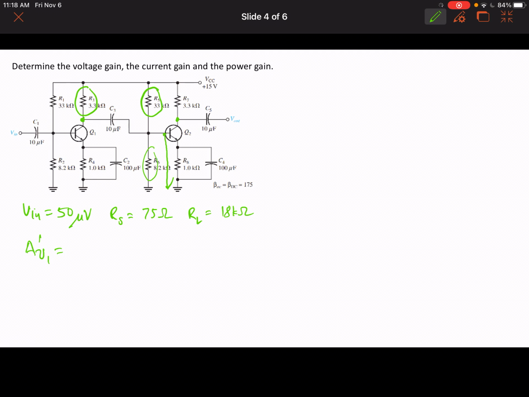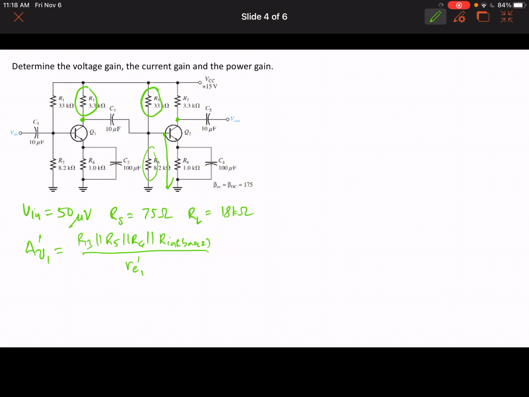And then you divide everything by RE prime. So that's R3 parallel to R5 parallel to R6 and parallel to the input base resistance of circuit 2. Okay, and divide everything by RE prime.